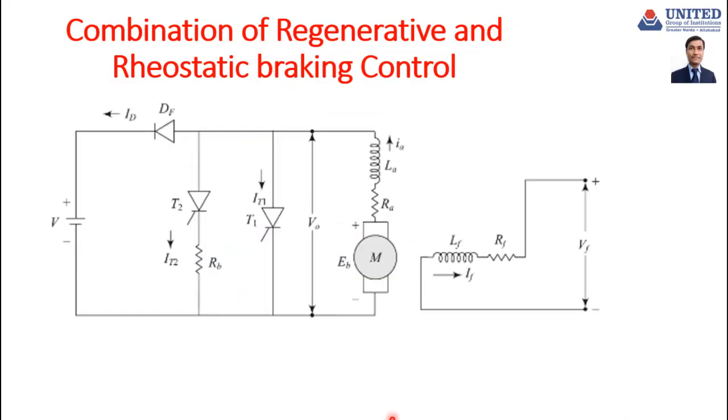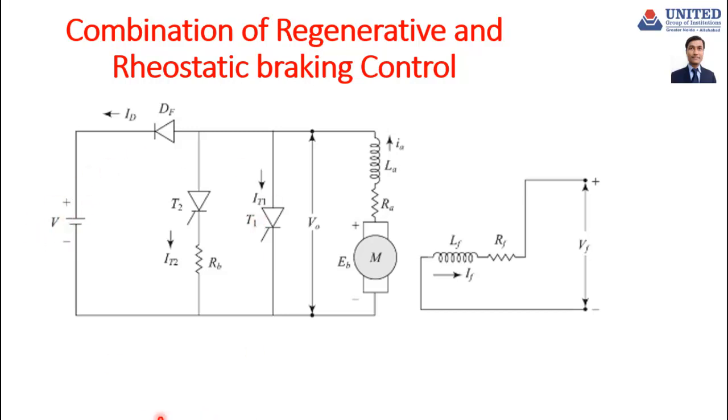Now let us see the combination of regenerative and rheostatic braking control. During rheostatic braking, the stored energy in the inertia of machine and load is dissipated as heat, and in case of regenerative braking, the stored energy is fed back to the DC supply.